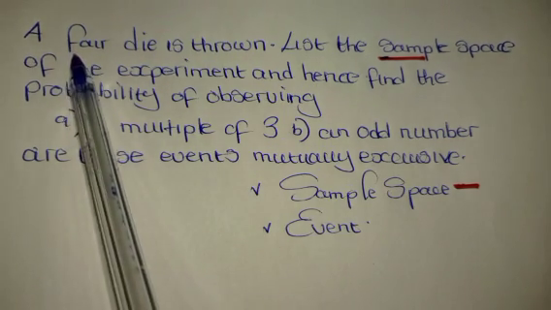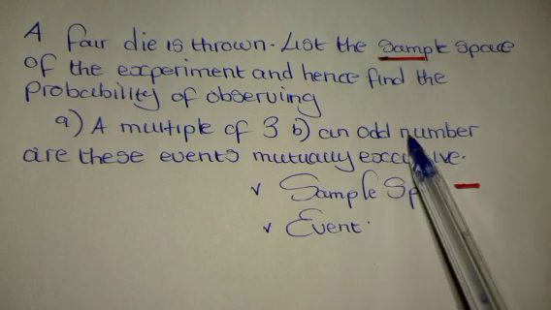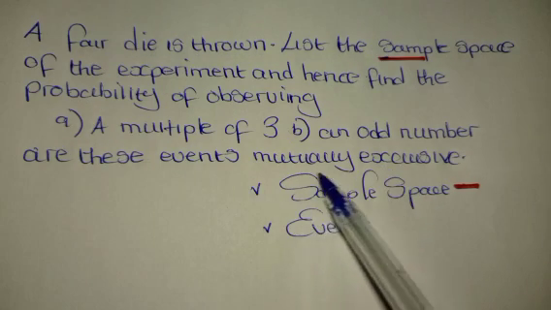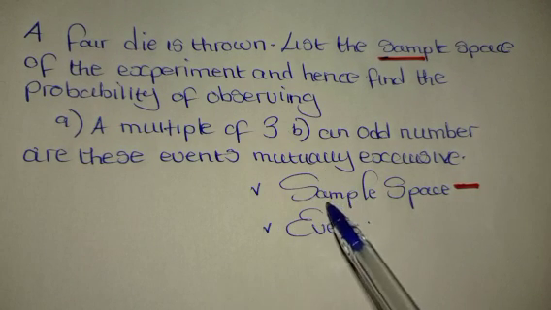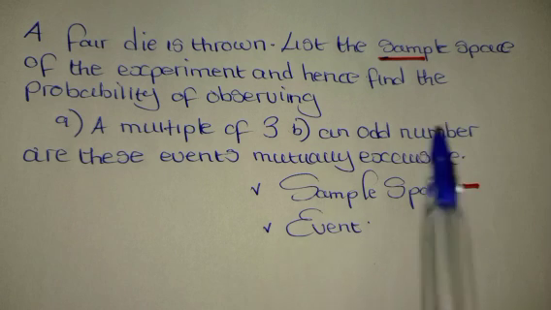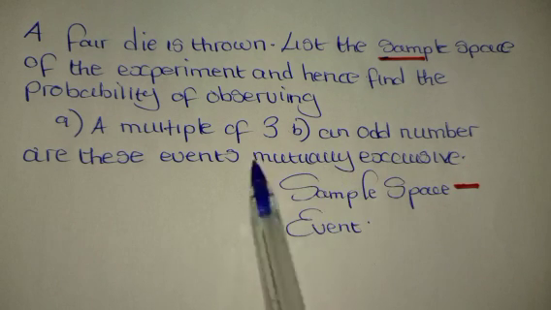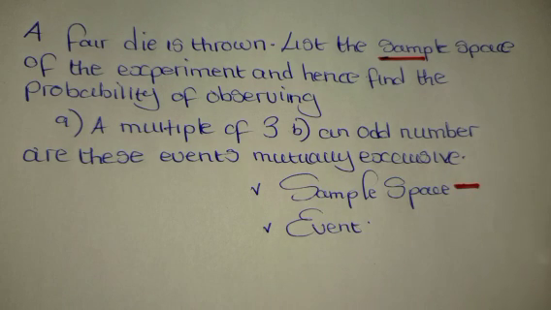In this case, when a fair die is thrown, let us say you want a multiple of 3 or an odd number, you may throw it so many times. But we want the actual numbers which are there. No matter how many times you might throw the die, definitely all those numbers will show at one point or another. That's what a sample space is.